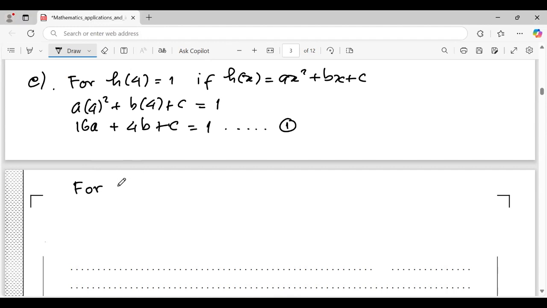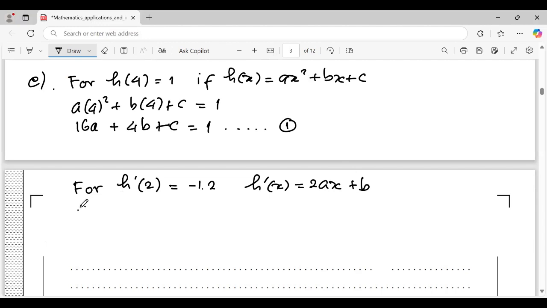Next, for the derivative of h(x), if x equals 2, the result is minus 1.2. The derivative of h(x) is 2ax plus b. If you differentiate this function, it becomes like this.